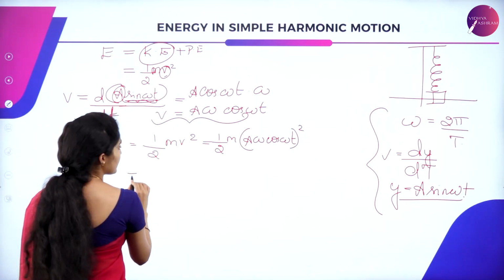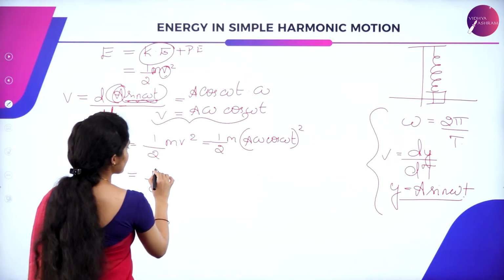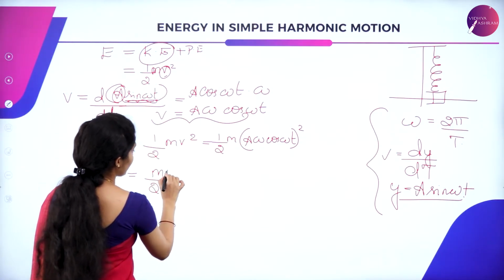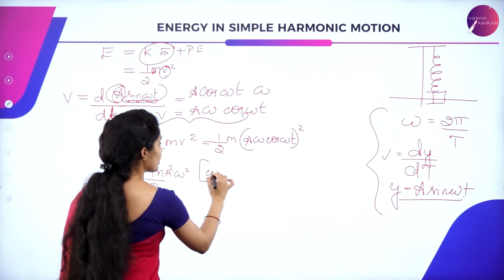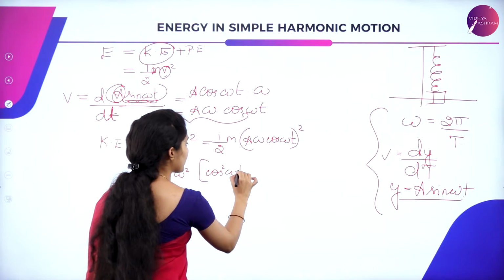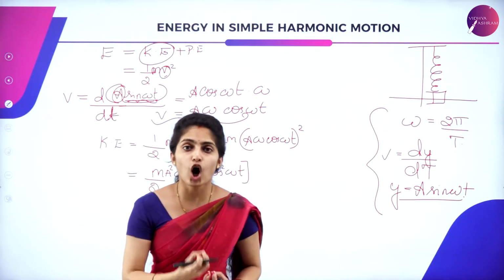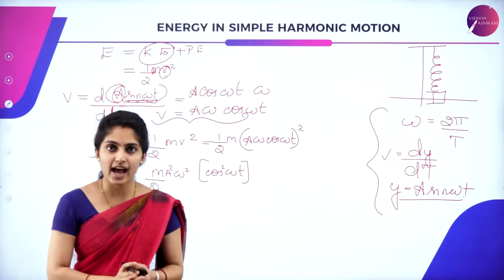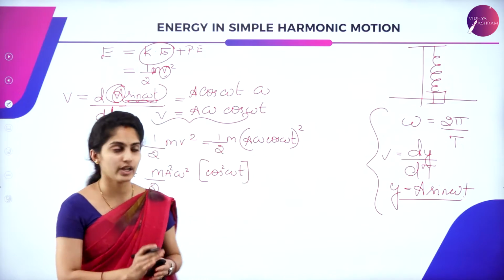So it can be written as half m a square omega square cos square omega t. According to the trigonometric formula, cos square theta can be written as 1 minus sine square theta. That is the formula.